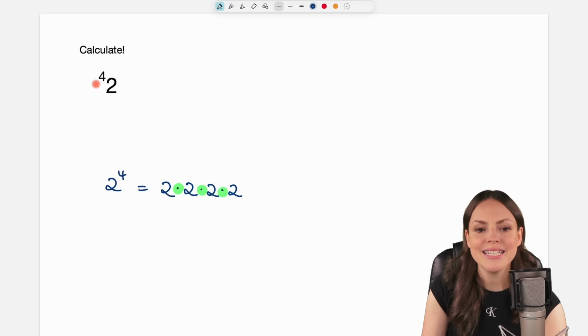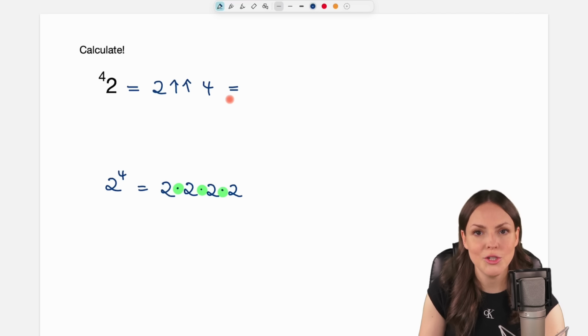Okay, but what is this here then? This is the so-called tetration. It's also called the fourth tetration of 2, sometimes also noted as 2 double up arrow 4. And it's not the repetition of multiplication, like in this case, but the repetition of exponentiation.